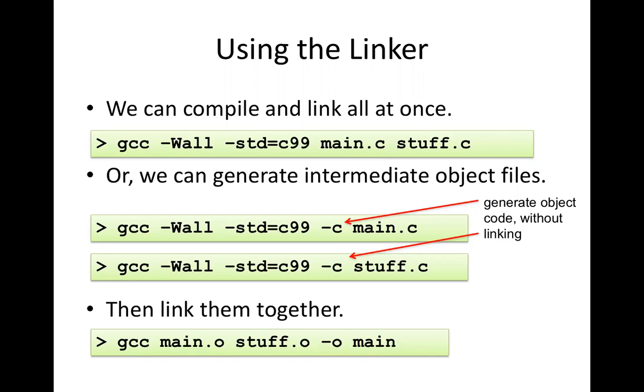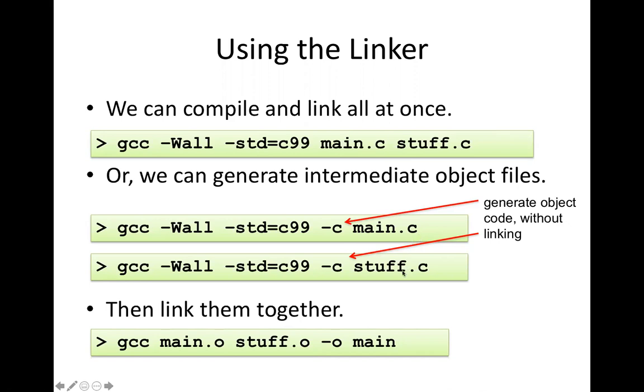And that's what I'm showing at the bottom of this slide. If you put a -c option on the GCC line, that tells the compiler to just compile that program, just generate what we call an object file, a compiled version of whatever source code is in that file.